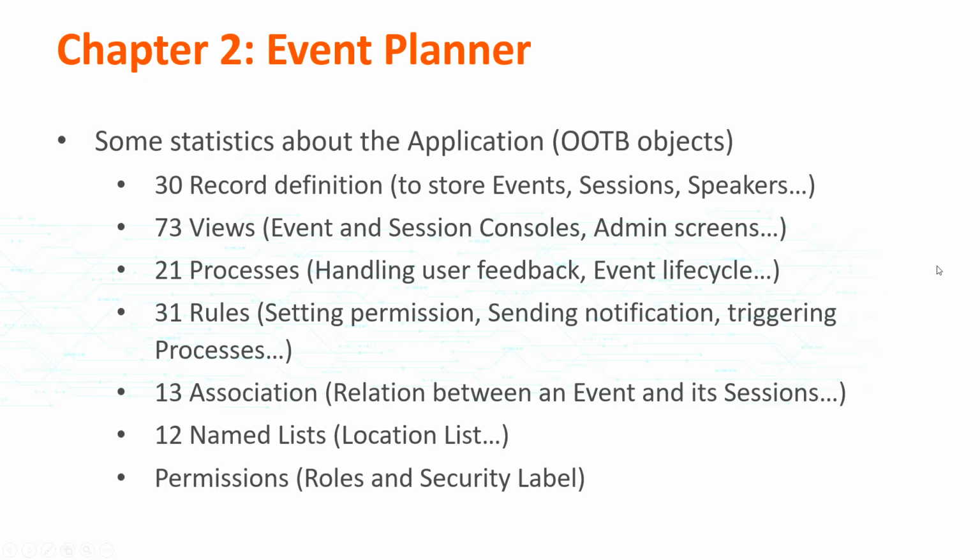But even if visually it looks like I had to customize a lot of things, let's see the statistics about this application. It has 30 record definitions to store the event, session, and speakers, 73 views, 21 processes to change, for example, the permissions, and 31 rules, associations, name list, and permission system.